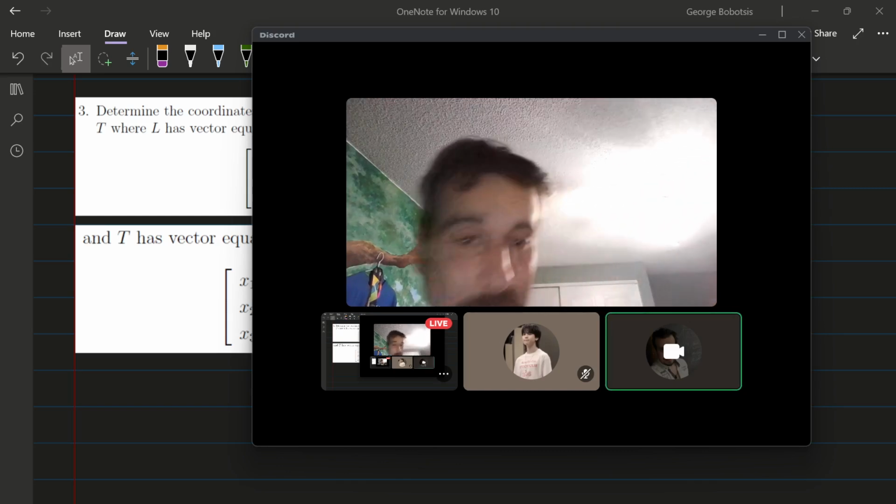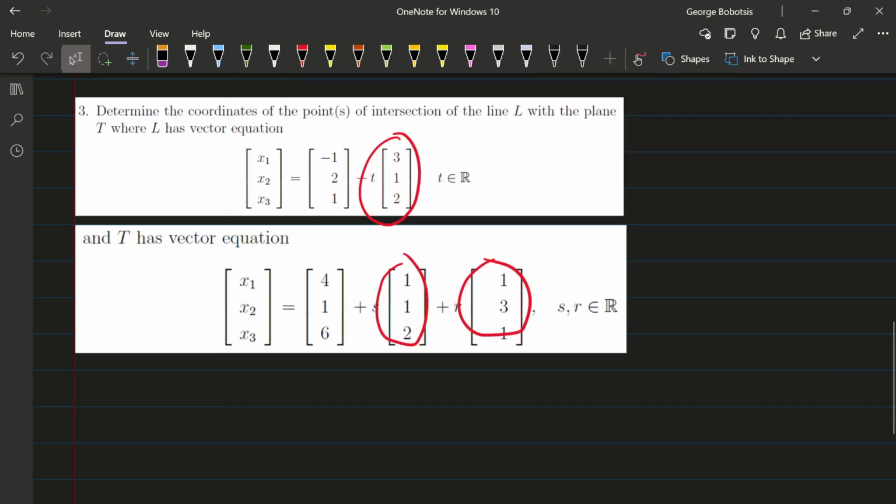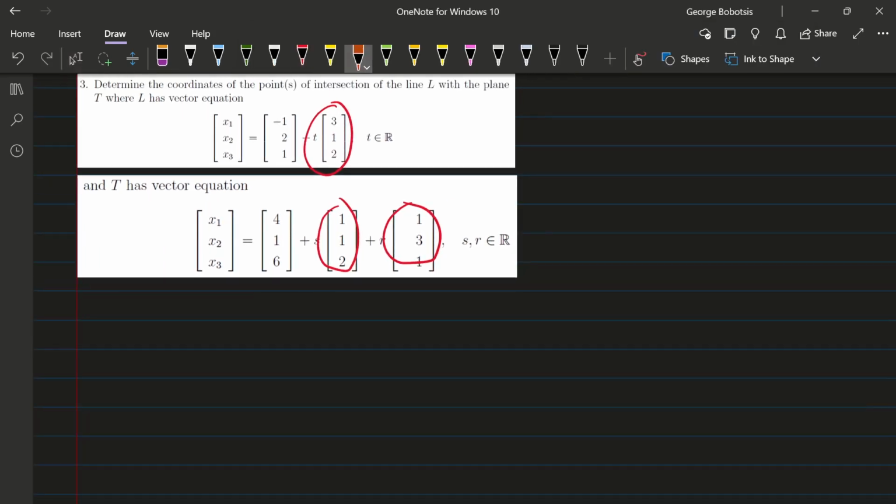So let's generalize a little bit. Let me go back here. So, with this, let's say this is D1, and these are V1 and V2, the direction vectors of the plane and of the line.